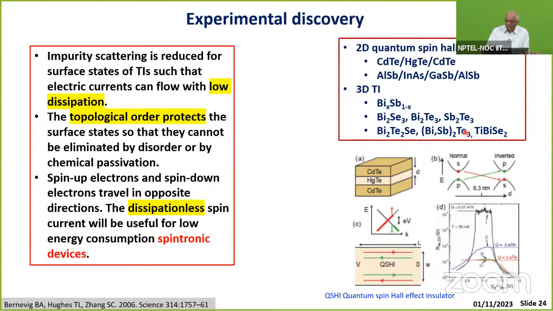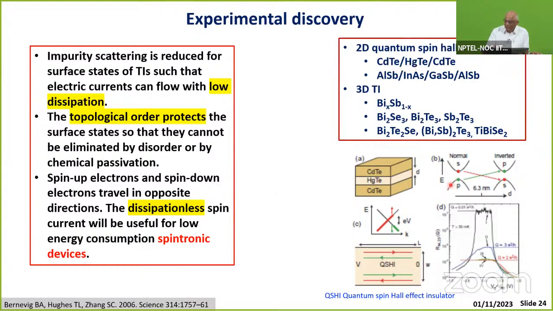Here there's a series of materials where these effects are discovered. In the 2D case, the quantum spin Hall insulator is exhibited by a very exotic heterostructure, like cadmium telluride on either side sandwiching mercury telluride.